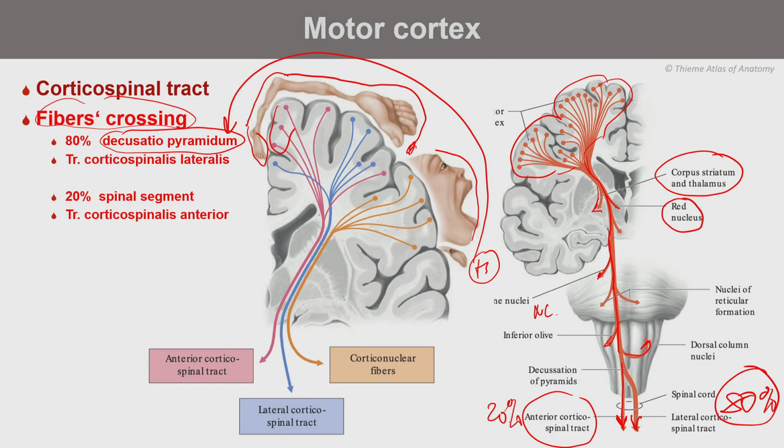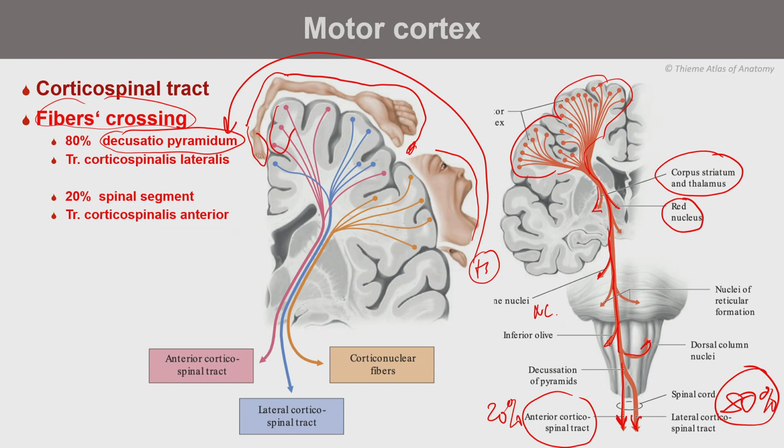But they are also crossing to the other side, on the level where the motor neurons which are stimulated are, in the anterior horns of the spinal cord.